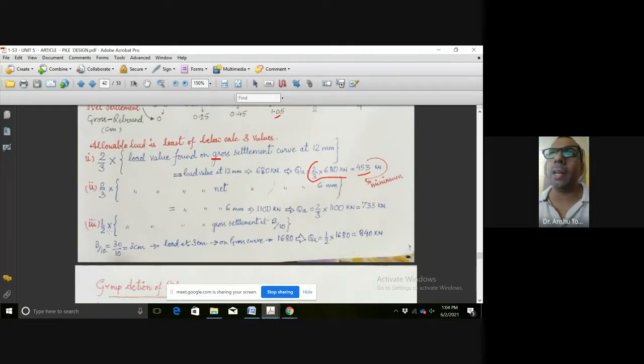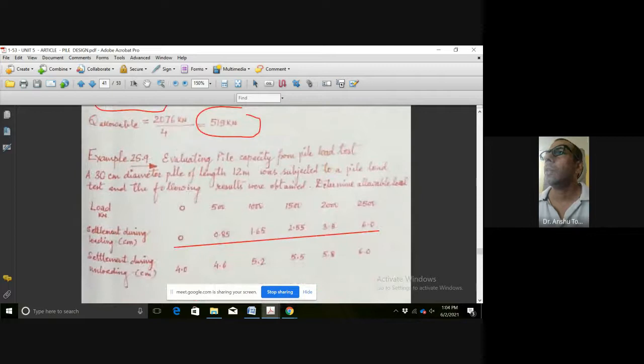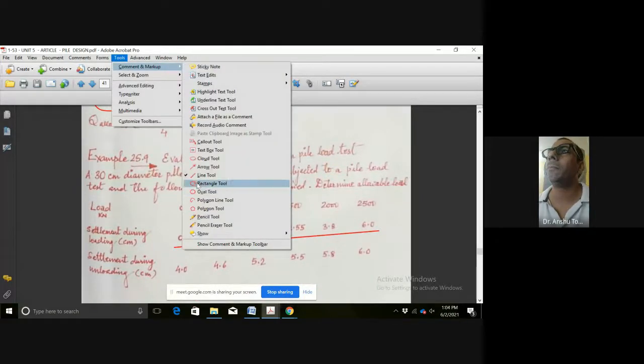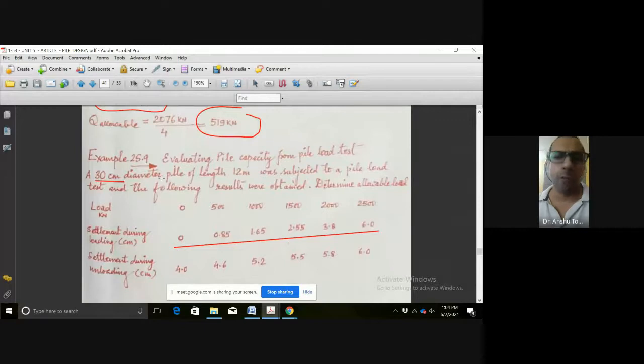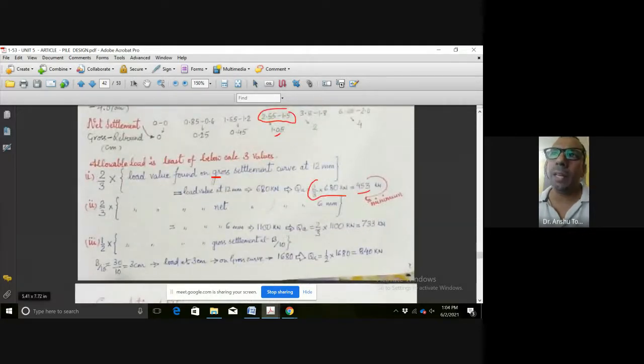Now the third criterion is half of the value of the load corresponding to the gross settlement at the level of B by 10. So whatever B, that is the diameter of the pile, we are getting. We have a 30 centimeter diameter pile, which is the capital B value of the pile. So B upon 10 is the value of the settlement which we are supposed to look at in the gross settlement curve.